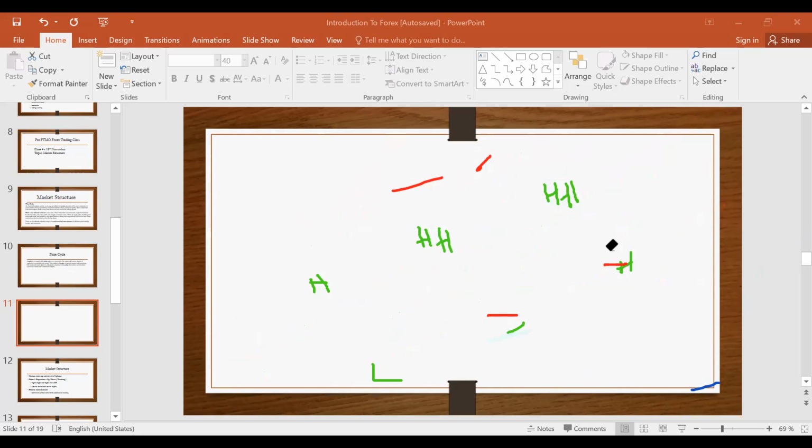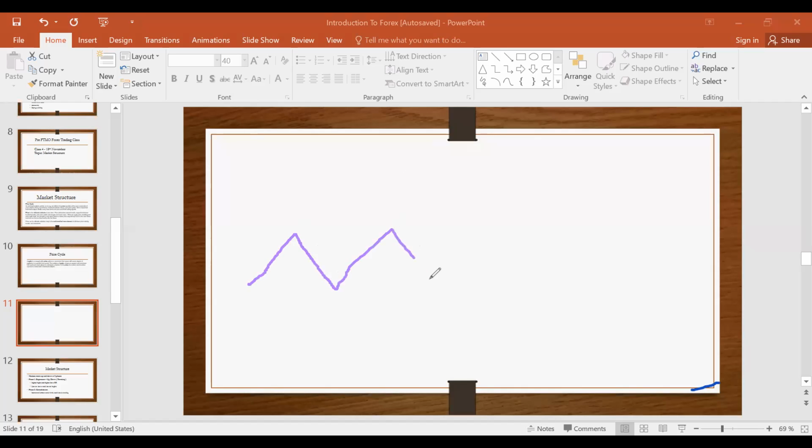The other important one to note is what we call consolidating. The market moves in periods of highs and lows, but sometimes it's neither moving up nor moving down. The market might go like that. When the market does this, we say that the market is consolidating. Why?